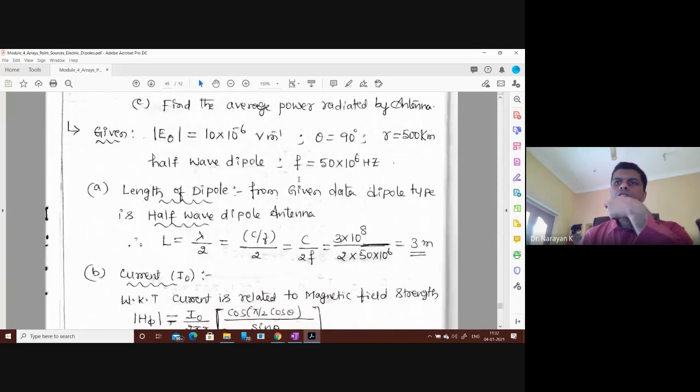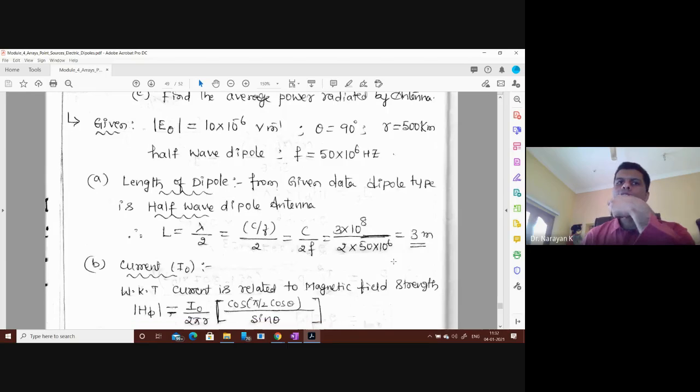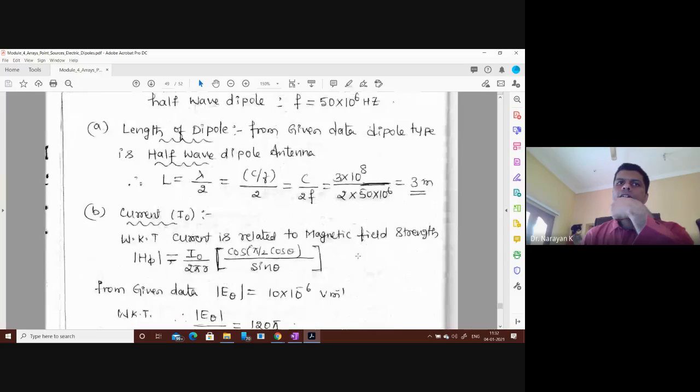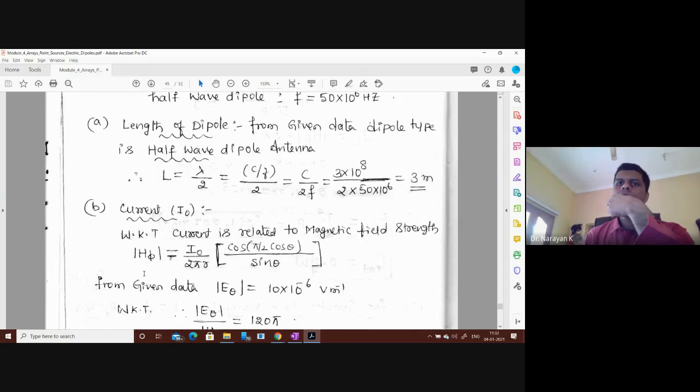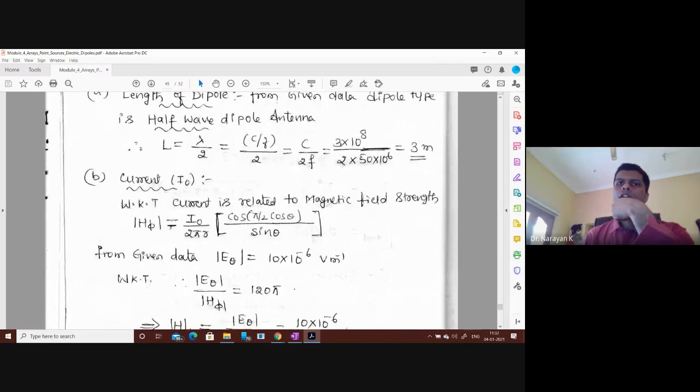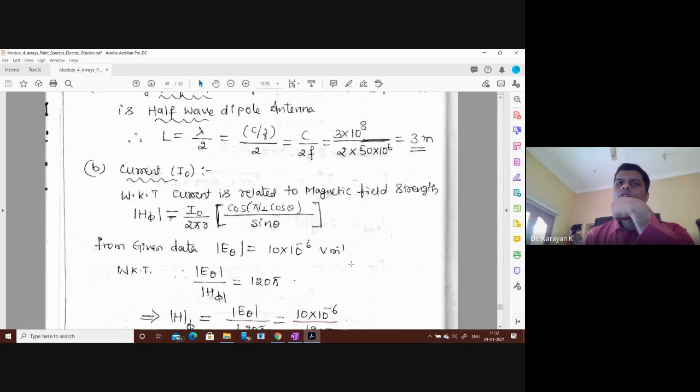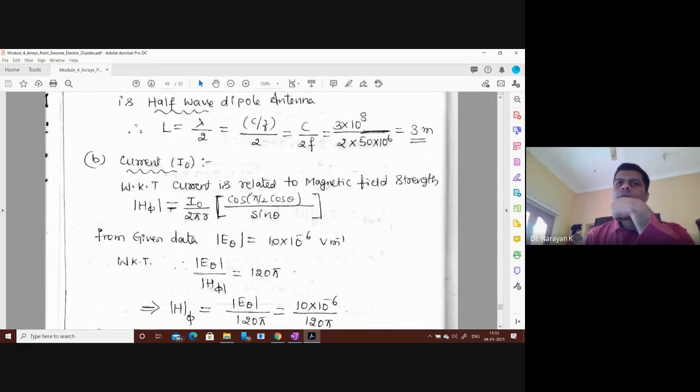Length of the half wave dipole is nothing but lambda by 2. Lambda is nothing but velocity of light by frequency, so c by 2f, and you will get 3 meters. Then the current I0 you find by equating H phi to I0 by 2 pi r cos of (pi by 2 cos theta) by sin theta. Then you substitute E theta is equal to 10 into 10 power minus 6.